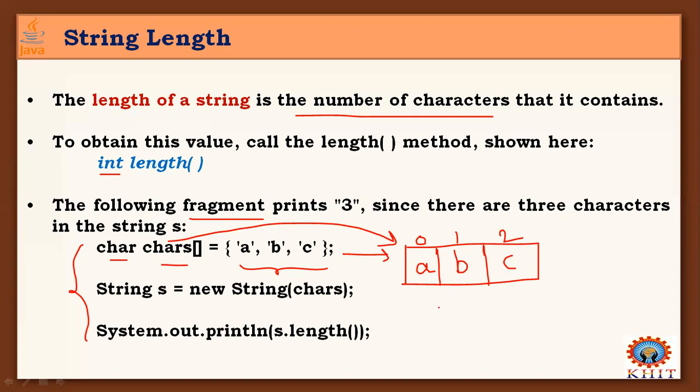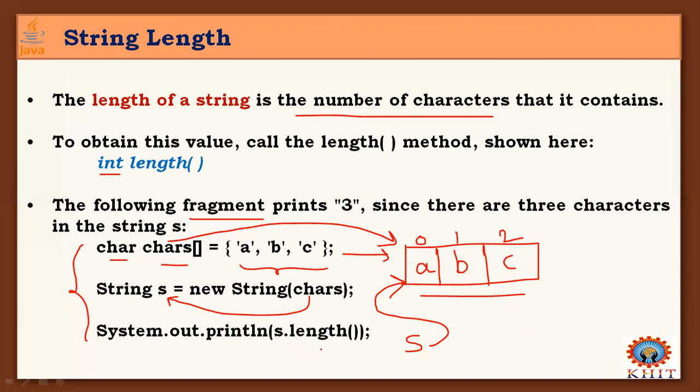And when we use this array to initialize the object of string called s in this fragment of code, this string is now a reference to this memory location which contains this character string, or a sequence of characters.